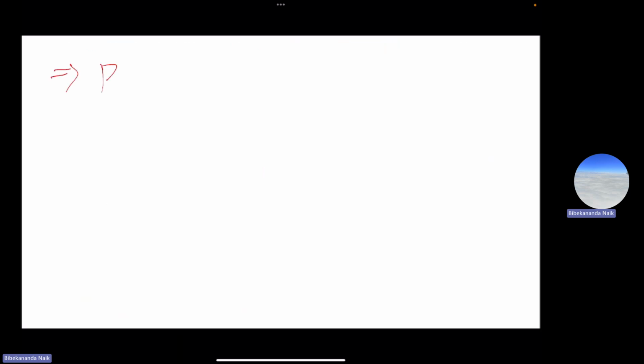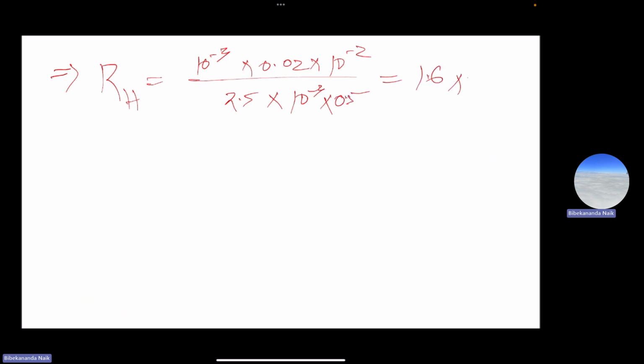So R_H will be 10 to the power minus 3 into 0.02 into 10 to the power minus 2 divided by 2.5 into 10 to the power minus 3 into 0.5. It will be 1.6 into 10 to the power minus 4 meter cube per coulomb.